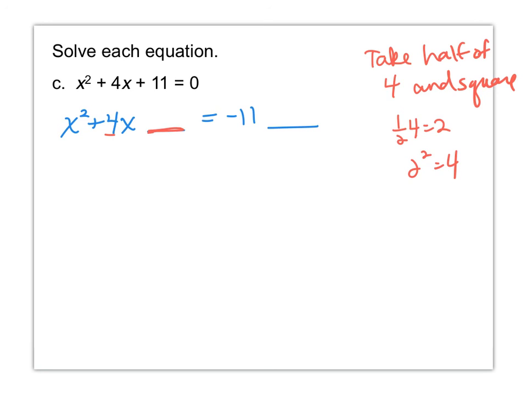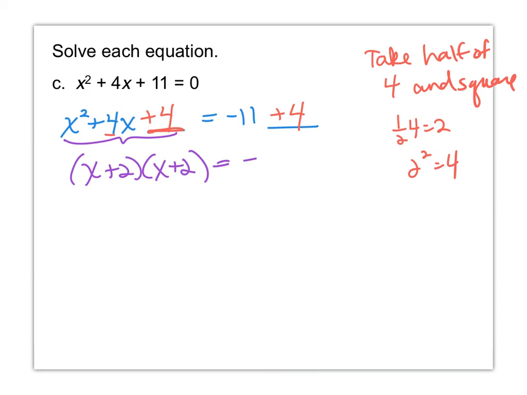So 4 is what I'm going to add in the space on the left, and whatever I add to the left side of the equation, I'm going to add to the right side of the equation. This now becomes x squared plus 4x plus 4. This is now a perfect square trinomial. We can factor that, and the factors are x plus 2 times x plus 2. And on the right side, negative 11 plus 4 is negative 7.